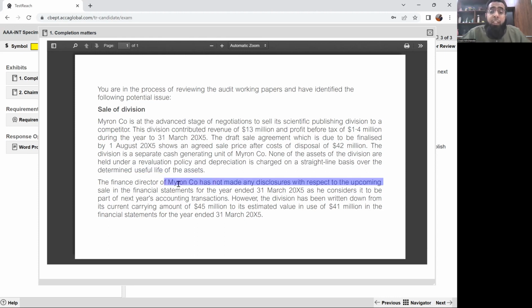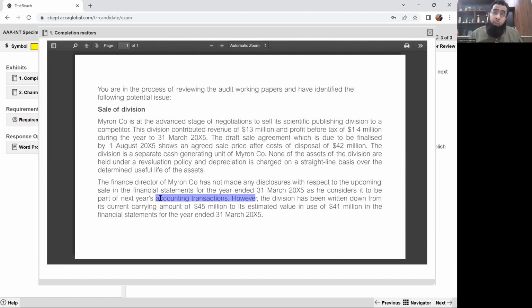The finance director of Myron Company has not made any disclosures with respect to the upcoming sale in the financial statements for the year ended 31st March 2005, as he considers it to be part of the next accounting year's transaction.